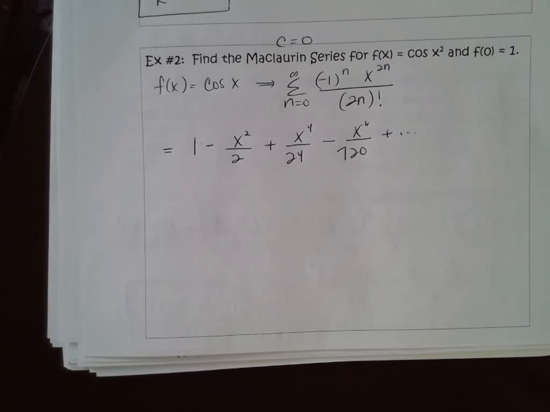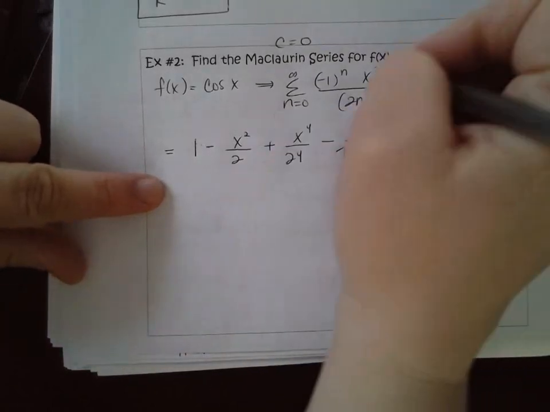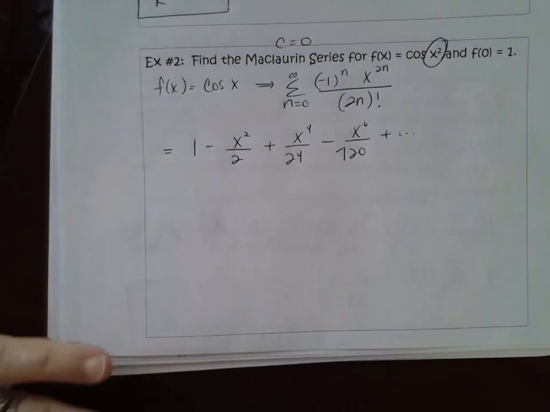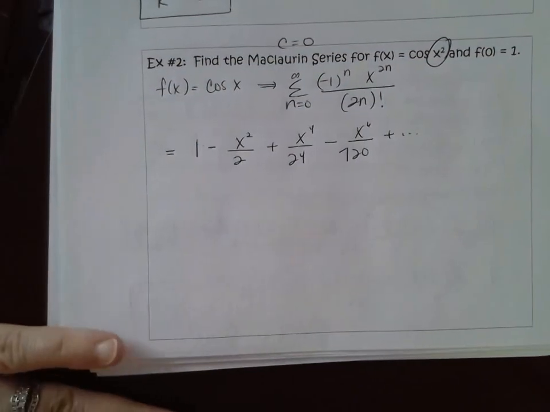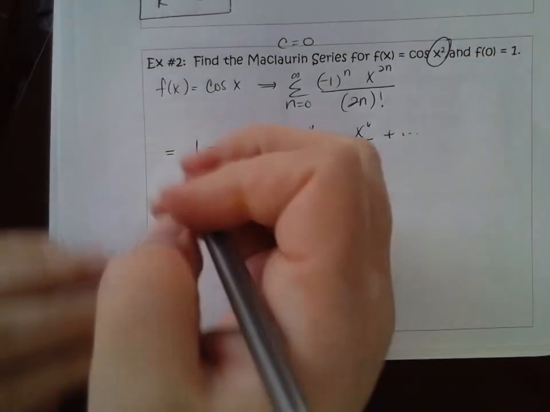So if I want to quickly figure out my Maclaurin series, and I already happen to have my series for cosine, then the easiest way to go through this process would just be to replace the x's that were already there with x squared.